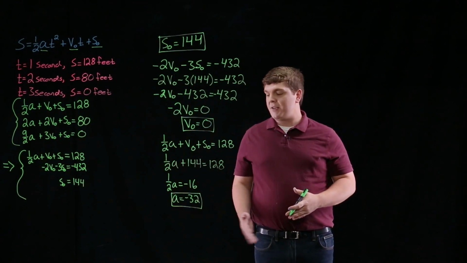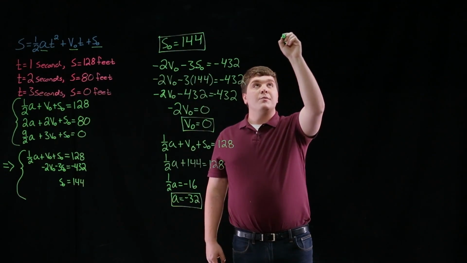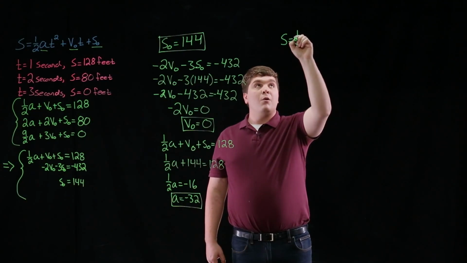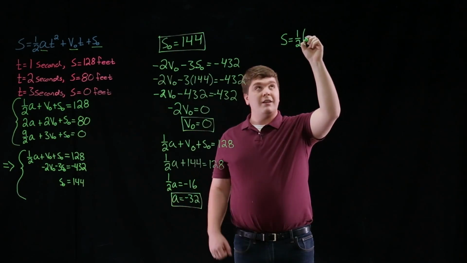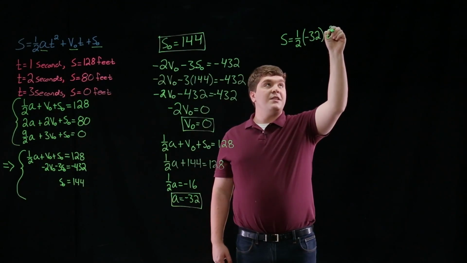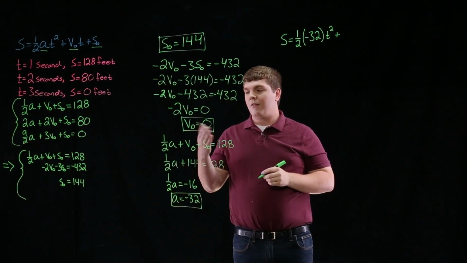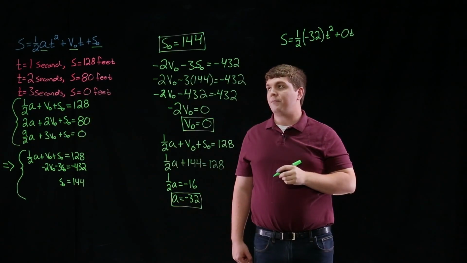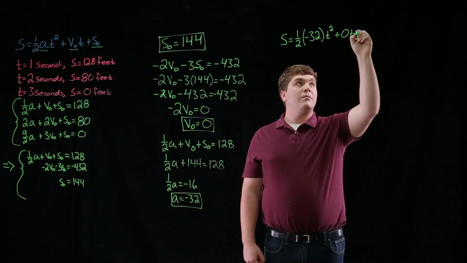Now we can take these three pieces of information and write down our position equation. So our position equation is S is equal to 1/2 of our value A, which is negative 32, times t squared, plus V naught, which is 0, times t, plus S naught, which is 144.